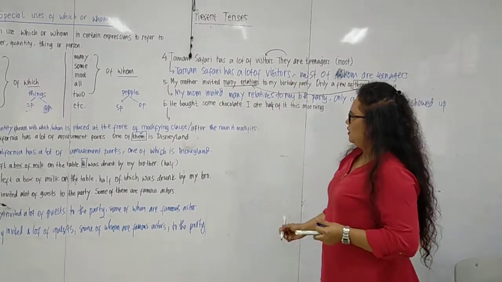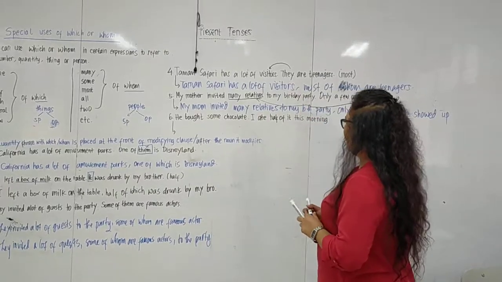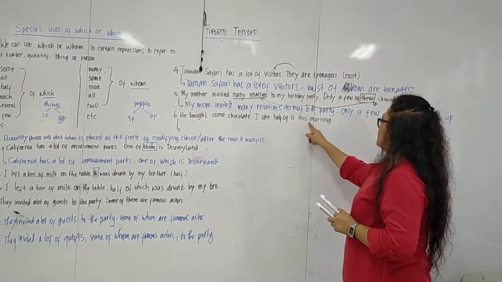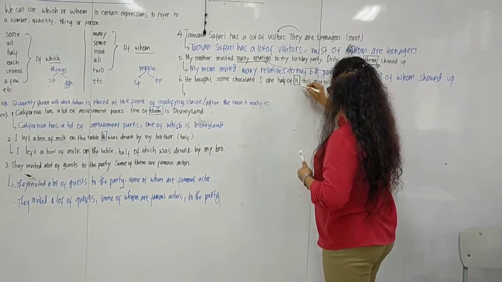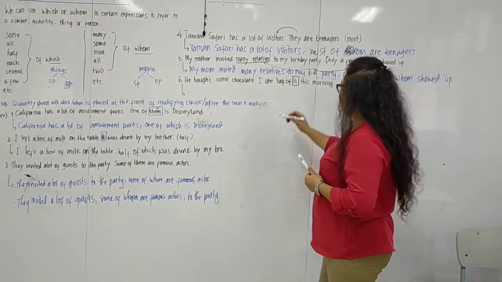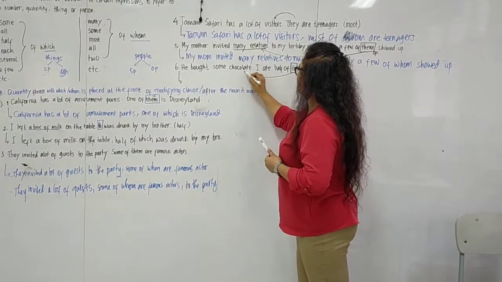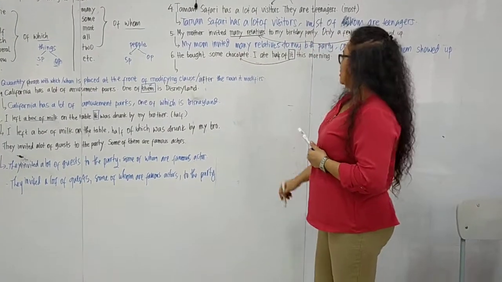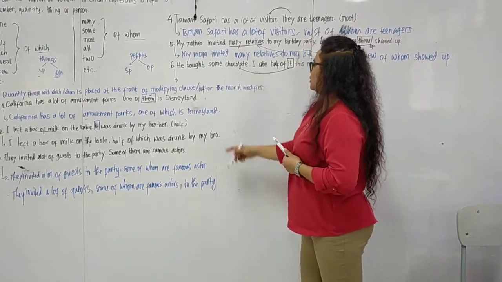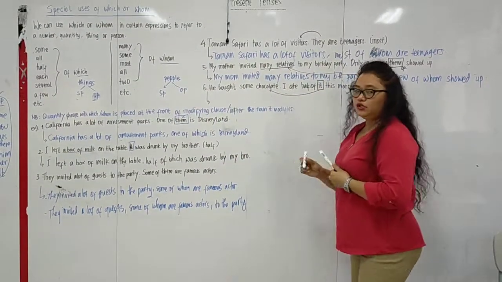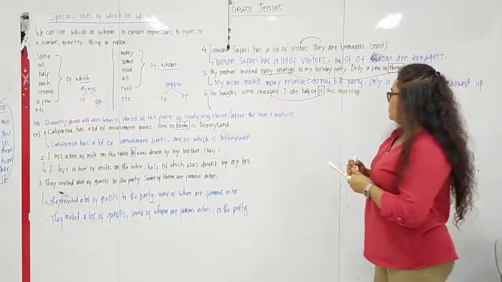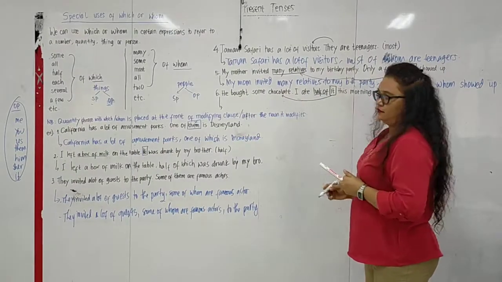Next, number 6. He bought some chocolate. I ate half of it this morning. This word, it, an object pronoun, refers to chocolate. Chocolate is a thing, so we use which. The quantifier here is half.